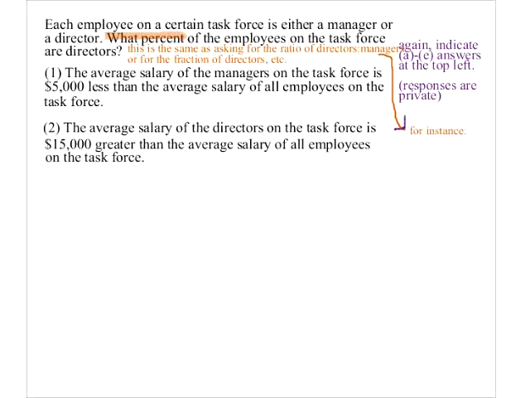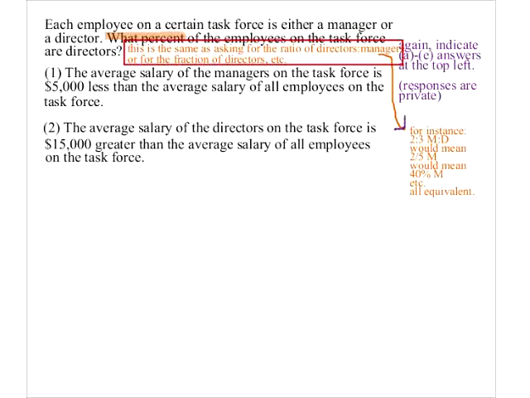If you had like 2 to 3 managers to directors, that would mean 2/5 managers, which would mean 40% managers, etc. All of these are equivalent. That's not the answer, it's not 2 to 3. But the point is that this is a really key takeaway: if they ask you what percent, you don't have to break your back to find the percentage, because you can just find a ratio and you're good to go.